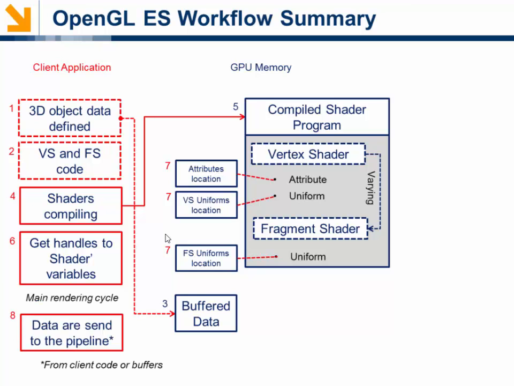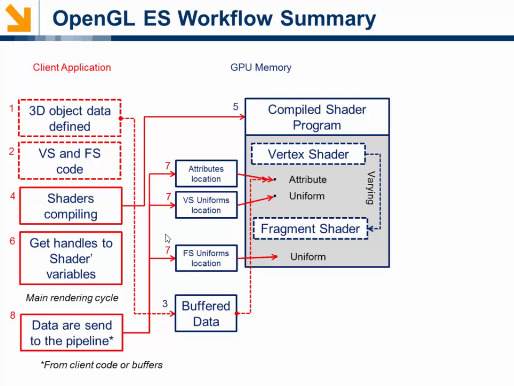Then all the data that we have is sent to the shaders. It can be sent directly from the client code. We have matrices, we just feed the matrices. We don't have to buffer the matrices anywhere on the GPU memory.